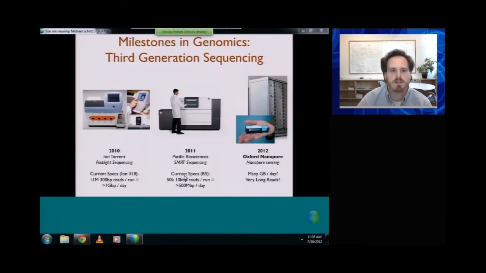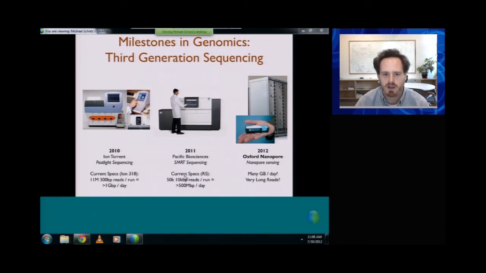The innovations continue, and we're now entering what's sometimes called the third generation of sequencing, with new instruments that have new capabilities and even a very portable footprint. In particular, in February, there was an announcement from a company, Oxford Nanopore, that they were planning to bring to market a new device about the size of a thumb drive.